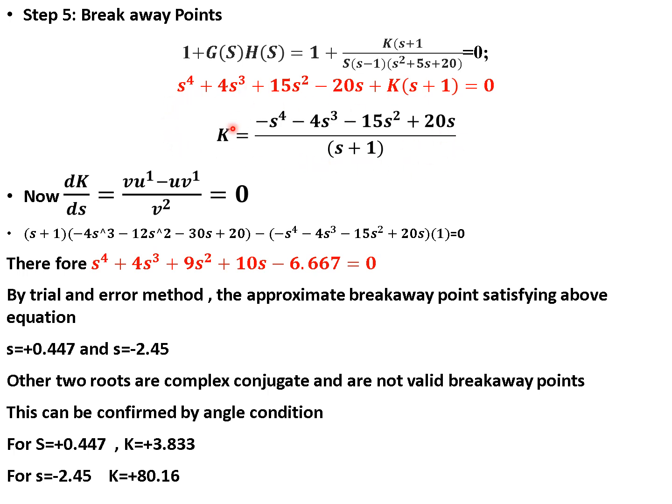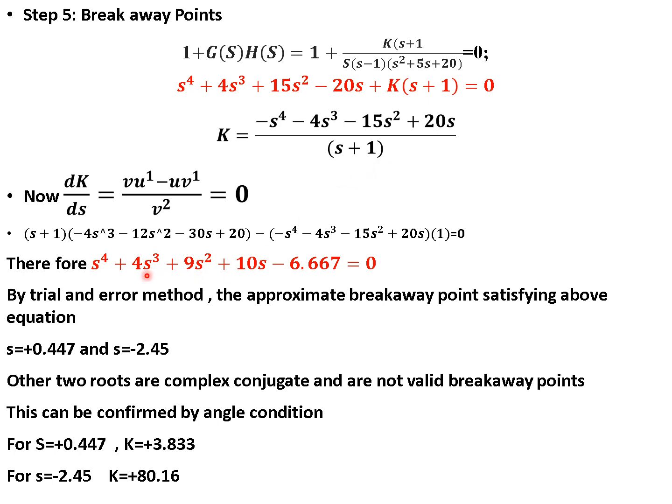Now how can I solve this? I can solve this by the division rule, by differentiating. So dK/ds is equal to (v u dash minus u v dash) divided by v square, equal to 0. That means we keep s plus 1 as it is, then differentiate the numerator, then subtract, then we keep the numerator as it is and differentiate s plus 1.